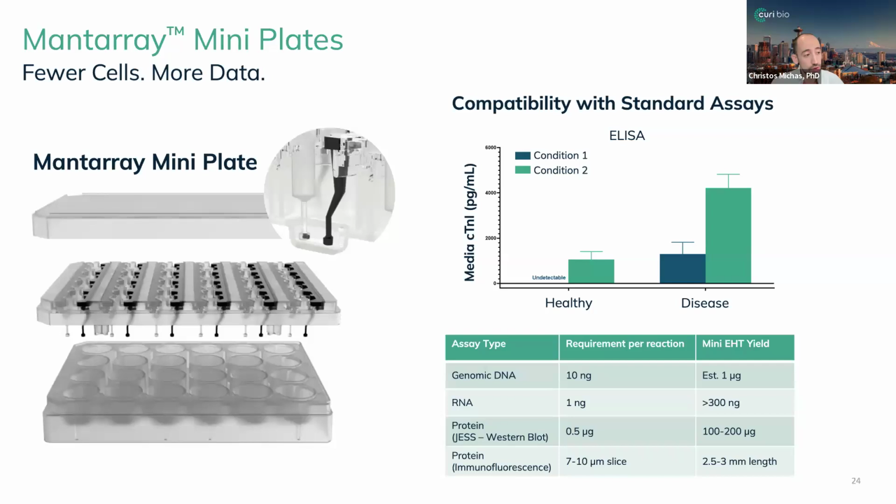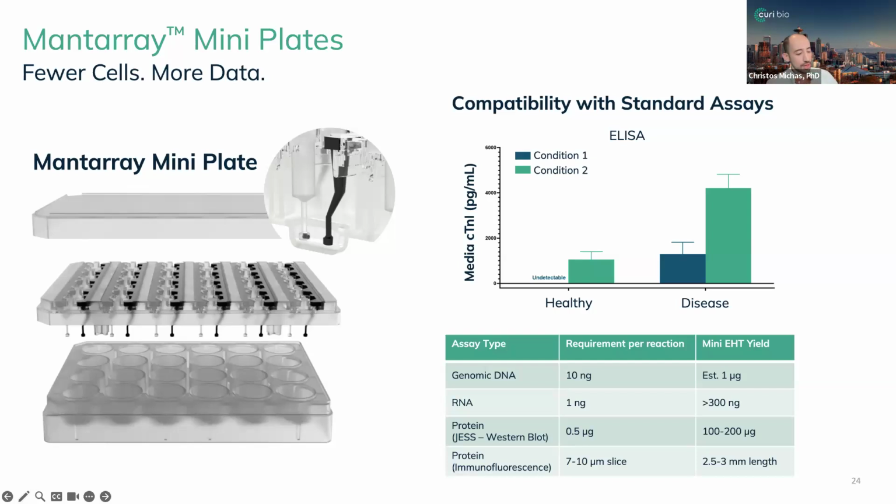And when it comes to other assays, the Mantarray Minis do produce enough material so you can run them. So for genomic DNA, for RNA sequencing, protein quantification with the Western blot and so on, and of course with staining, as I showed you previously.